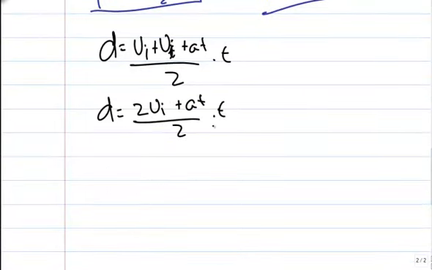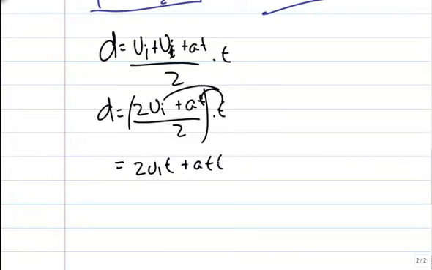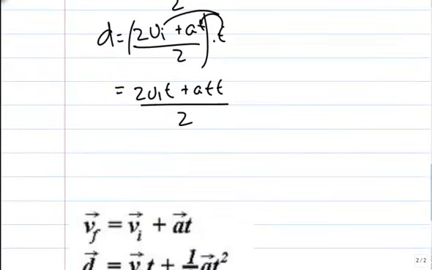Okay, and let me just put some brackets around here and do the old feed the chickens. So D is equal to 2VI T plus AT T, and that would be AT squared all over 2. Just simplifying to make it a little bit neater here. 2 being a common factor, so watch, I'm going to put 2 under there and 2 under there, a common denominator, pardon me, and here it'll divide out.